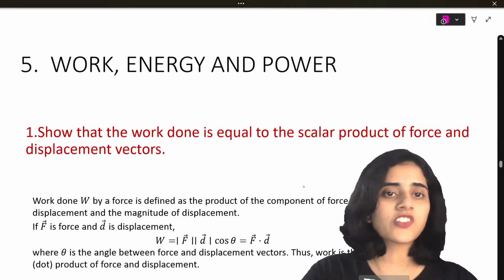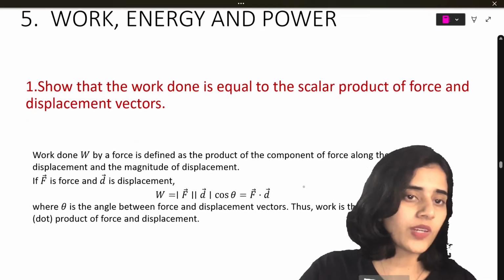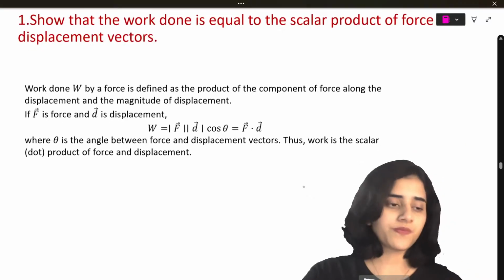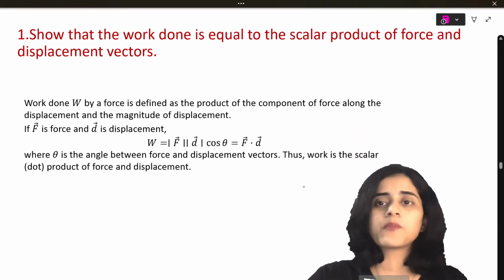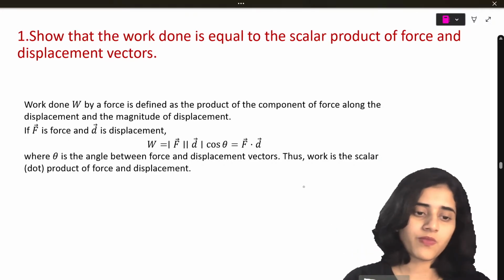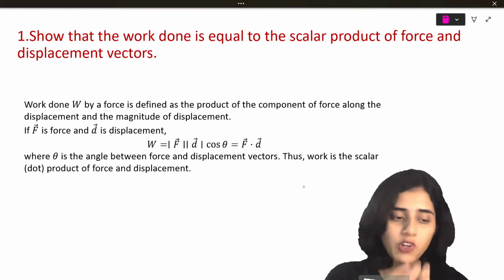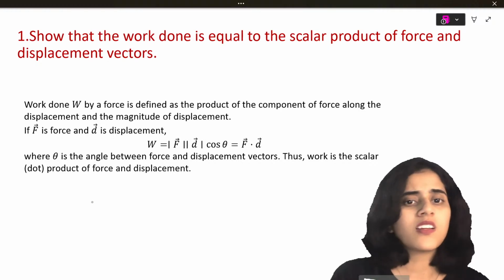Okay, let's start with the next chapter, which is work, energy, power. First question. Show that work done is equal to the scalar product of force and displacement vectors. How will you do that? This I've already taught you when we were doing the work done chapter. Very easy.